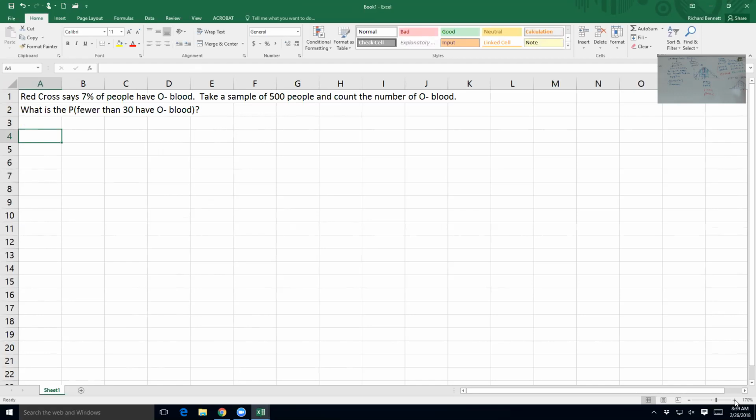Now, even though we're using Excel, we're going to pretend that we have to calculate this by hand. How would you find the probability that x is less than or equal to 29 by hand? Even with the computer, it'll be a little easier, but it's still going to be a pain in the butt.